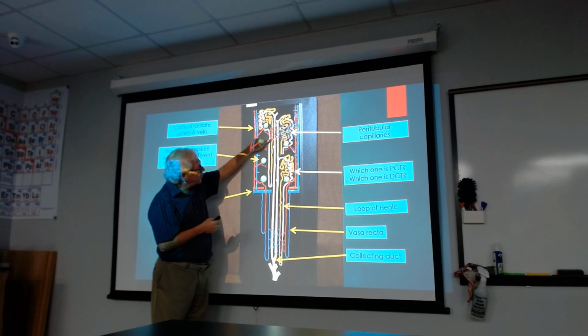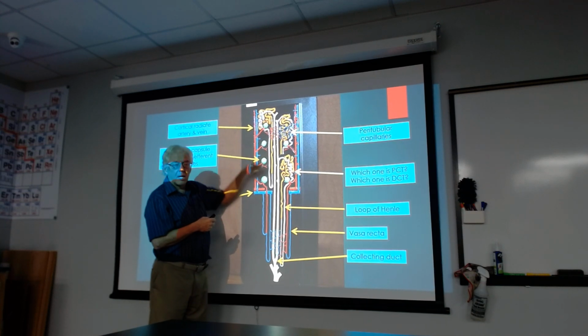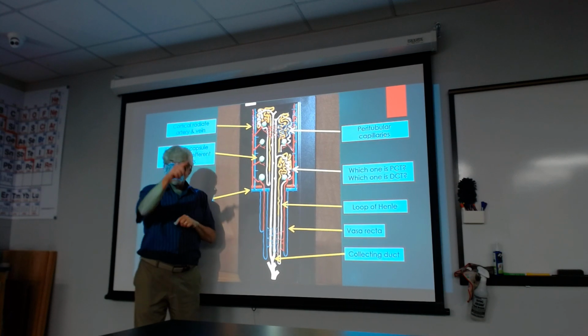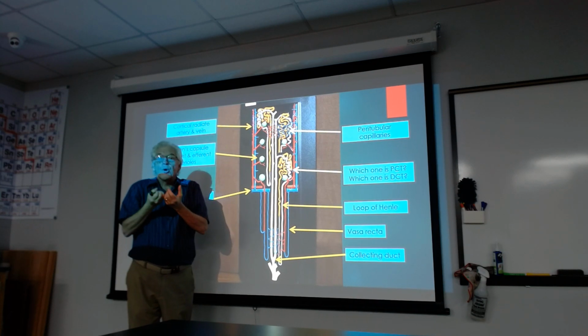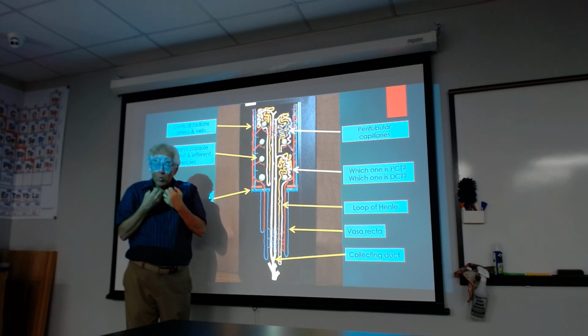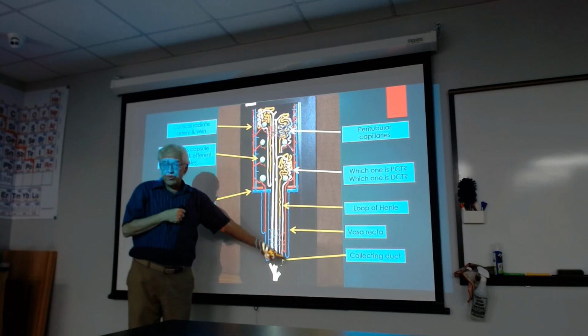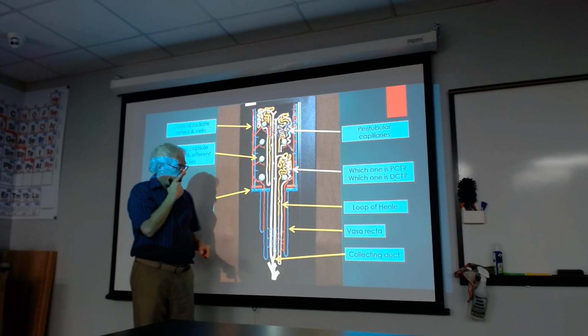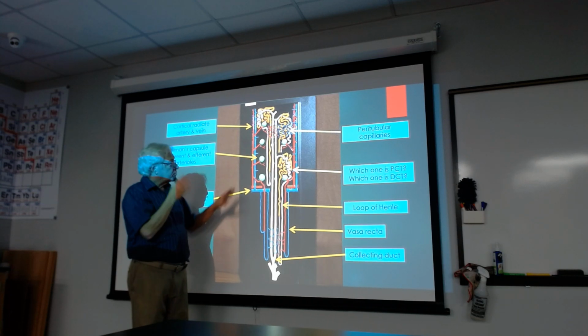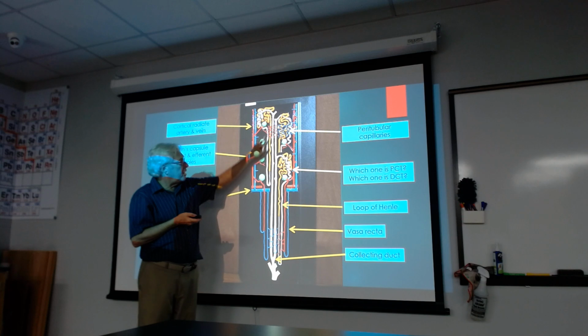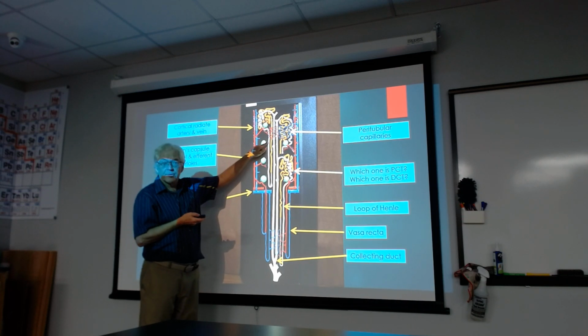Got it? And what's the difference? Well, the purpose of the loop of Henle is the deeper down it goes, the more water we can hold. Got it? So which one holds more water for us? The shallow one or the deep one? The deep one. Got it? Now here's the thing. Most of our kidney is made of these shallow ones.